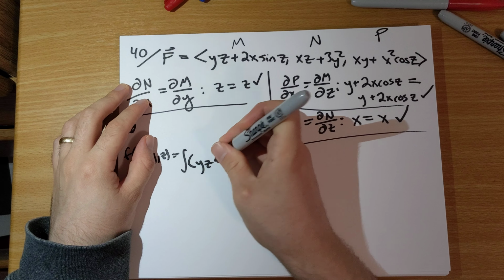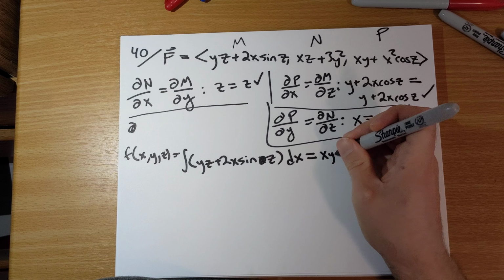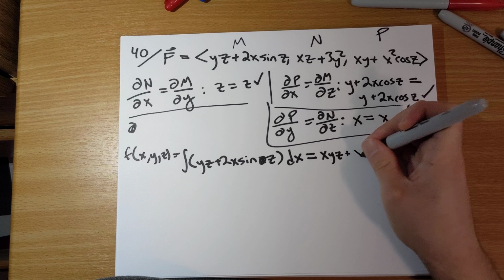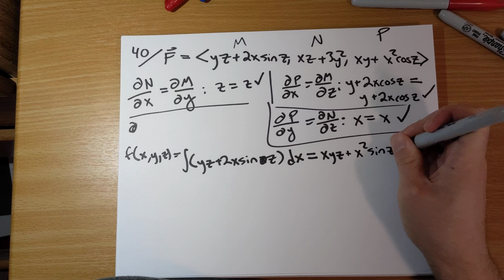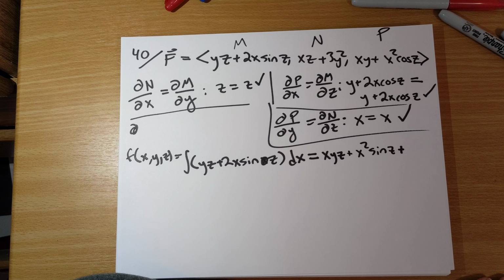We're going to integrate this with respect to x. When we integrate this with respect to x, the antiderivative of this with respect to x is xyz. The antiderivative of this with respect to x would be x squared times sine of z. And then we have to tack on something extra.